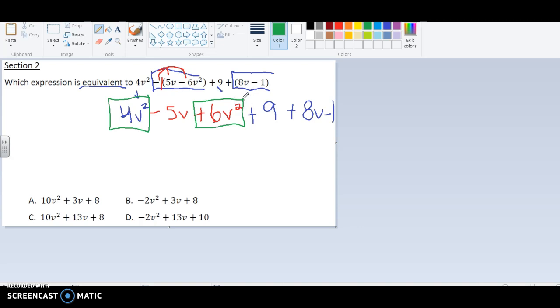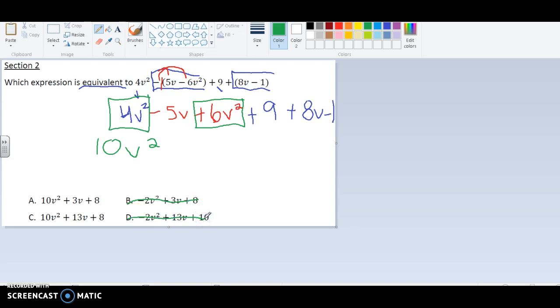So I've got positive 4 over here, plus 6 over here. So 4 plus 6 is going to give me 10b squared. And right away, I should see that that takes off 2 of my answer choices.